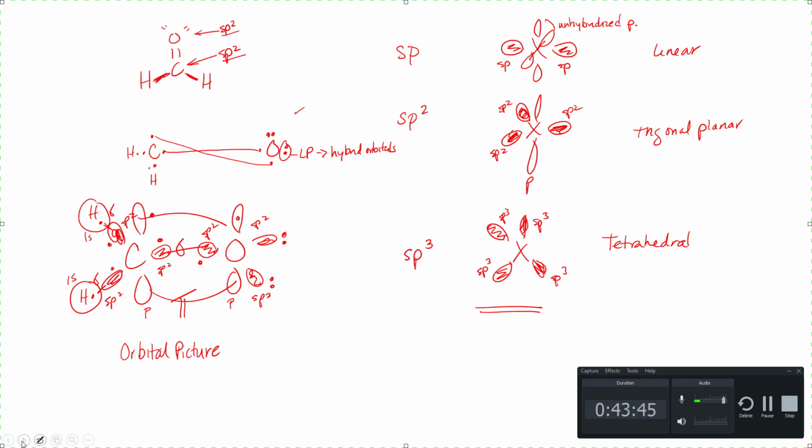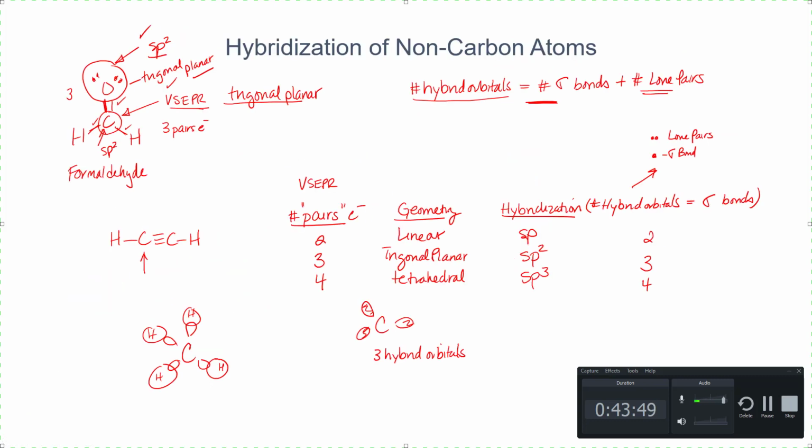Now, before I do this, I just want to talk a little bit about this chart and take a step back and say, okay, is VSEPR theory consistent with hybridization? I mean, it better be. But why in VSEPR theory did we only count a multiple bond as one pair of electrons?